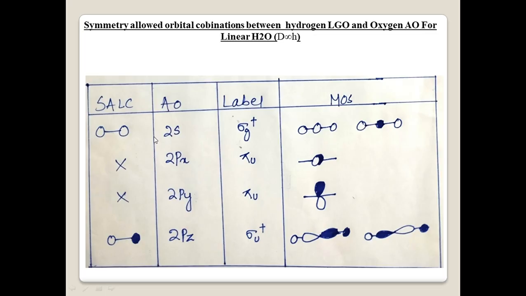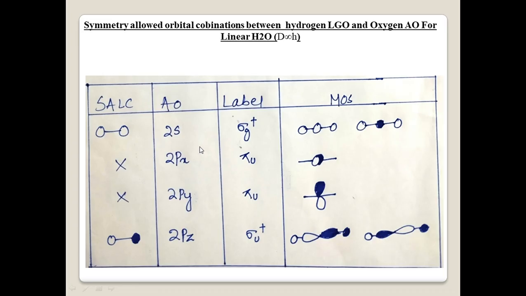So here 2s can combine with the LGO to form molecular orbitals. One is bonding and one is anti-bonding. It is clear. Between 2px, 2py and 2pz, only 2pz will be on the axis. So it will form bonding as well as non-bonding.